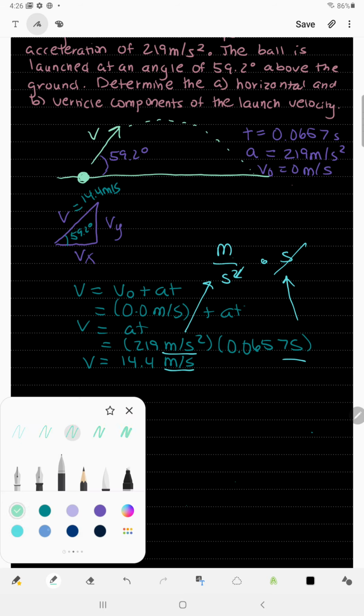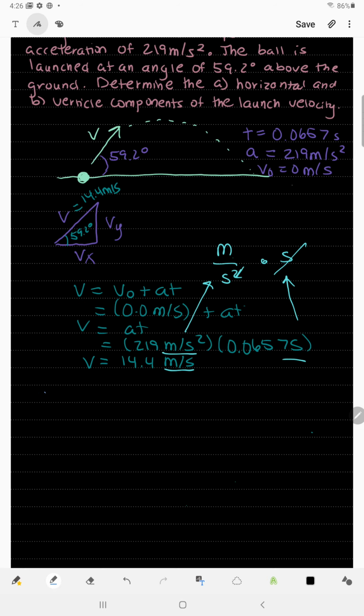I have an angle, and I'm going to start by solving the horizontal one first, because that's part A. Our horizontal component is this Vx. The only components I have are an angle, the adjacent side, and the hypotenuse, which means I have to use cosine, because cosine is the adjacent, or Vx, over the hypotenuse, or V. Then I'm going to plug in these numbers and we can solve for the horizontal component.